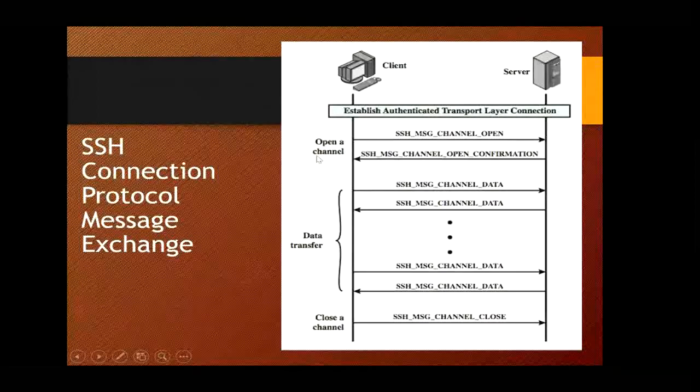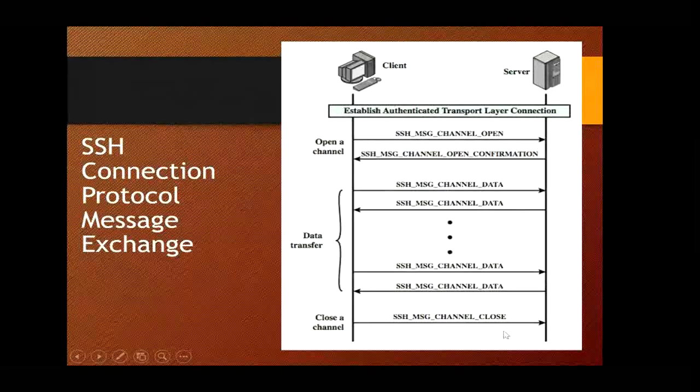In this message exchange diagram, the client is the one requesting the server for a channel open, and the server confirms with a confirmation message. Then the data transfer occurs between the client and the server. Initially the client sends the block of data to the server, and this continues.